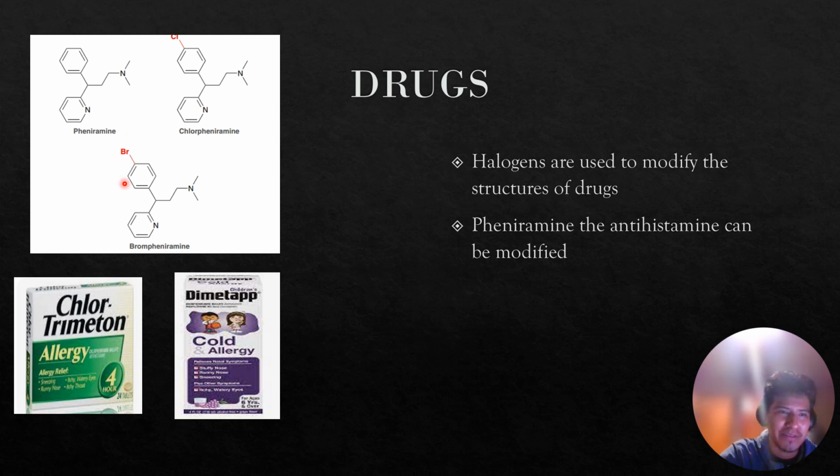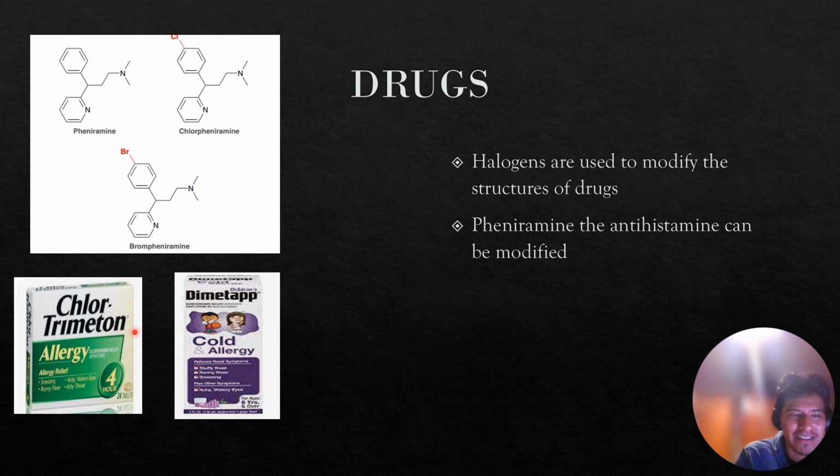You can also add a bromine atom, of course, turning pheneramin into bromopheneramin. The difference now is that it's just as potent as chlorpheneramin, but the effects last twice as long, which is even more insane. Chlorpheneramin is more commonly known as chlortrimeton.